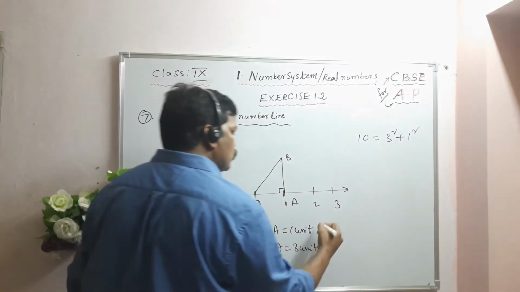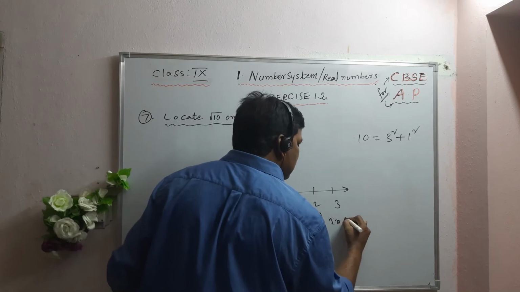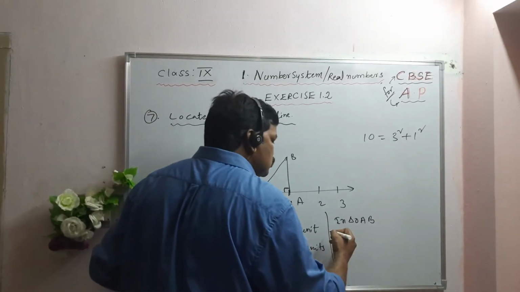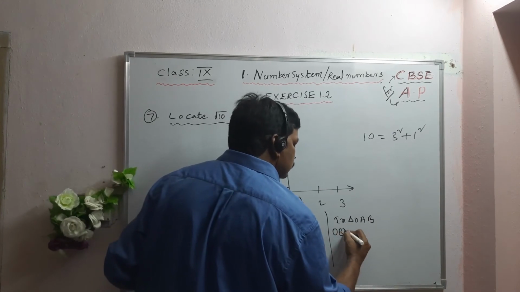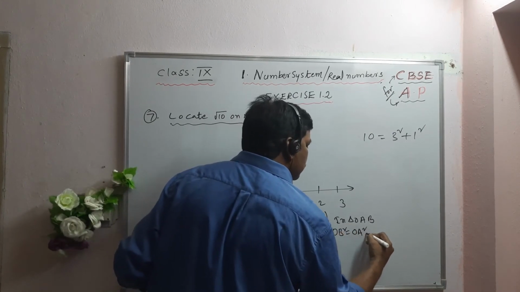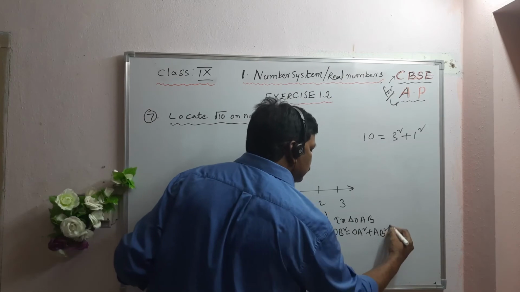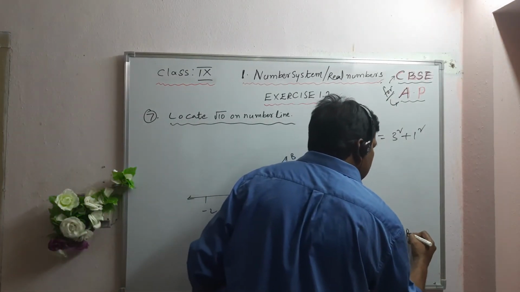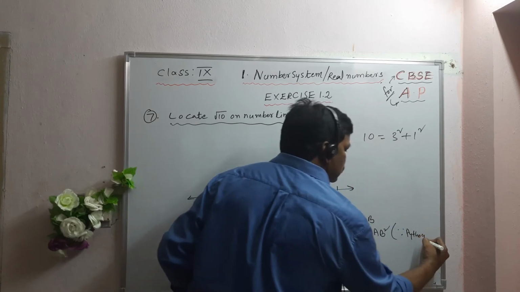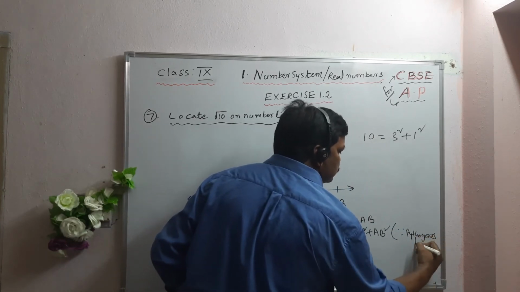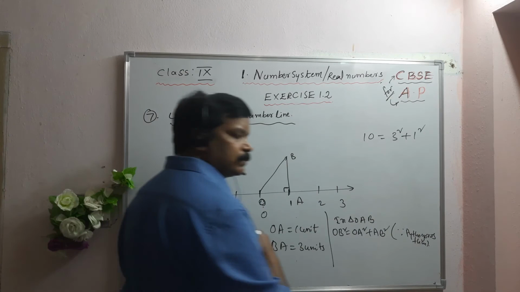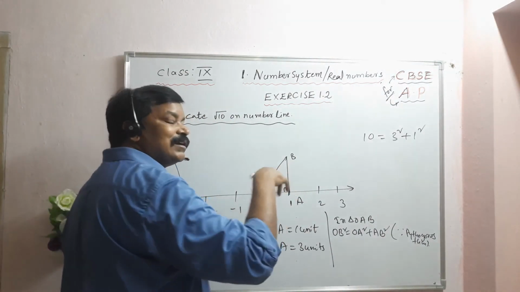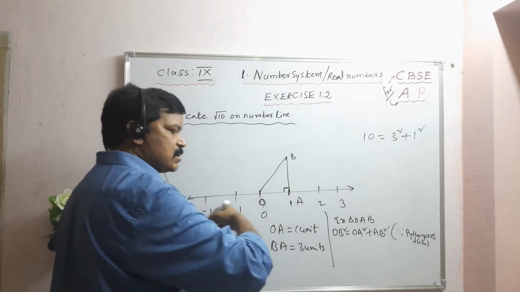So in triangle OAB, OB square is equal to OA square plus AB square, according to Pythagoras theorem. So OB is the hypotenuse, OA, AB are the other sides of a right angle triangle.